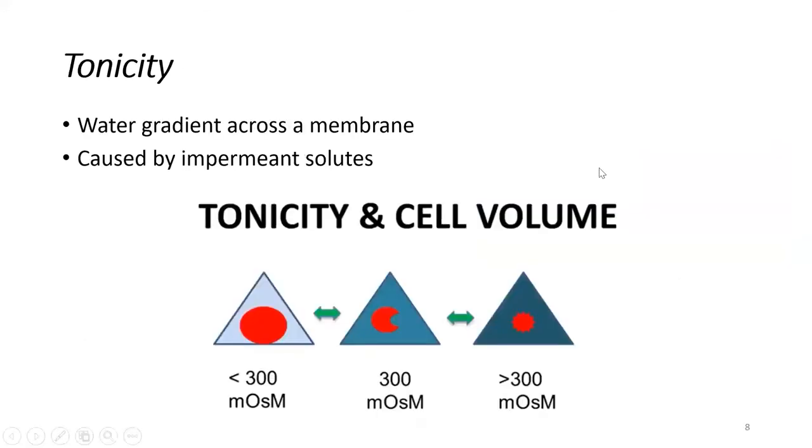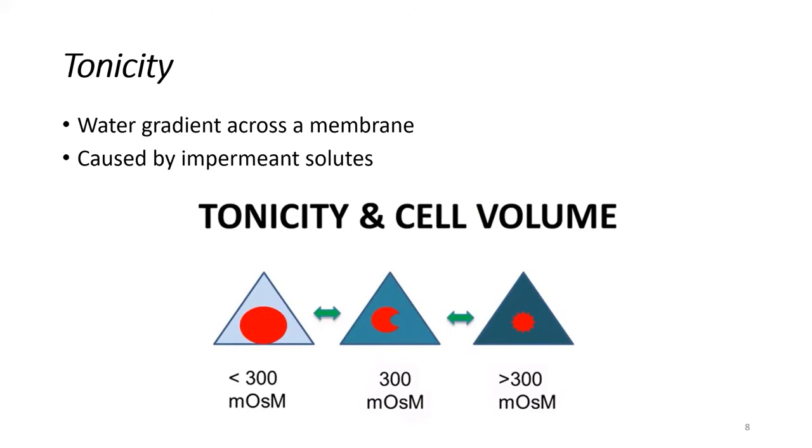Now this brings us to speak about tonicity. So tonicity differs from osmolarity because it is really only taking into account the impermeant solutes in the solution. And what that means is that while tonicity is also a similar gradient, it only looks at the solutes that cannot move across the membrane in question. Okay?